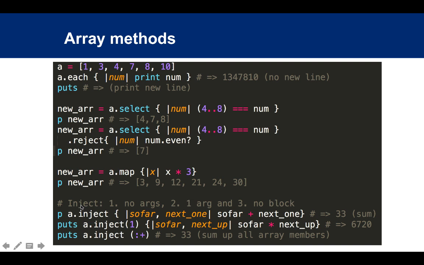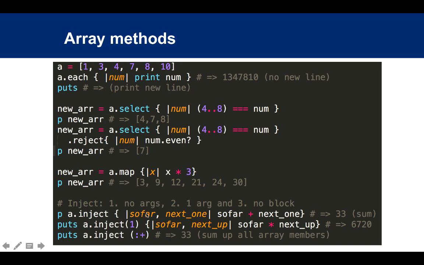There's also an inject. This one is a little bit harder to understand, but basically what it does is instead of just one element, one parameter in your block, it has 2 parameters, and the first one is sort of an accumulator of other things. So for example, let's say you want to sum all the elements in the array.